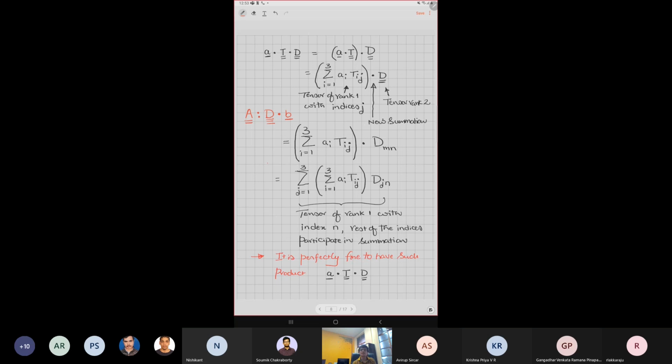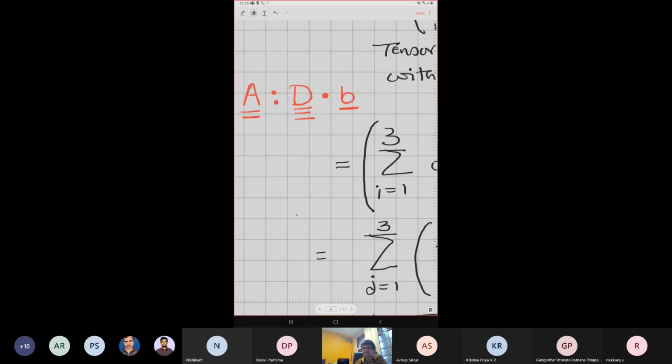Can you help me out? Both Pratima and Nishikant. Double condensation means on two indices I have to condense. Single condensation means only on one of them I'm supposed to condense. And double lines means it is a tensor of rank 2, and triple lines means it is a tensor of rank 3.